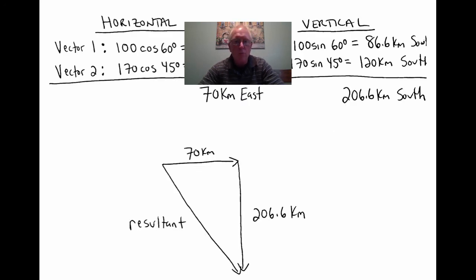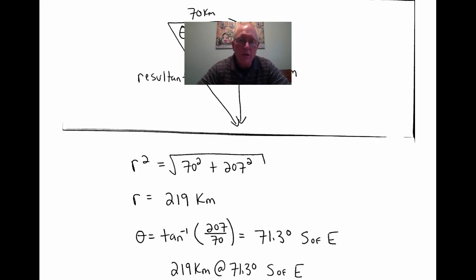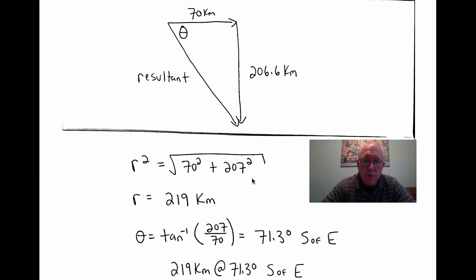So here we go. I am going to draw out my 70 kilometers to the east. Then I am going to do the 206.6 kilometers to the south, which I'm going to use in my calculation as 207. You'll see that in a moment. And my resultant is from where I started to where I ended up. You can see here's where I converted it over to 207. 70 kilometers, 207 kilometers.